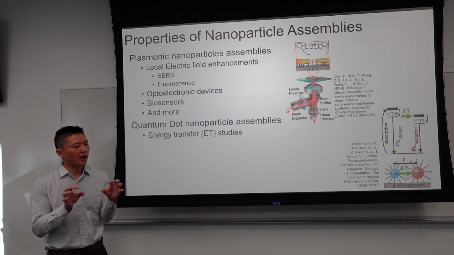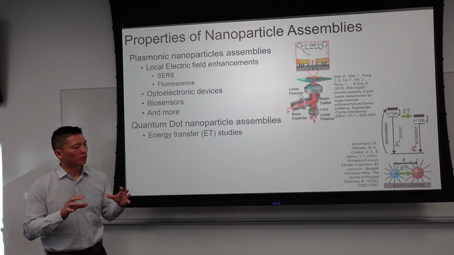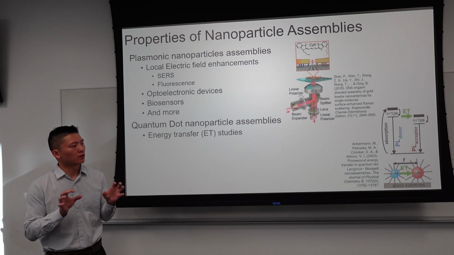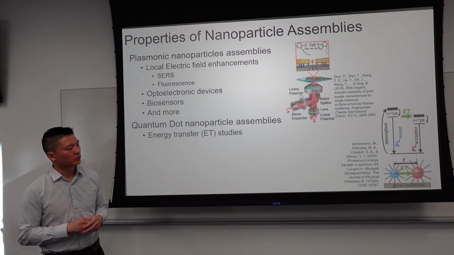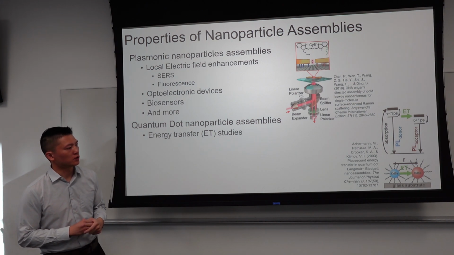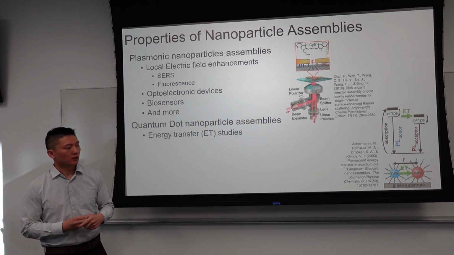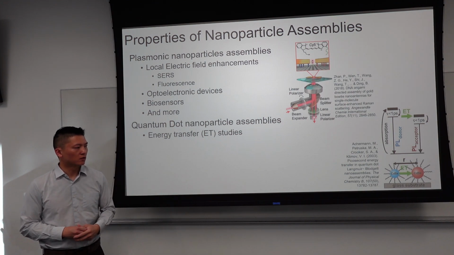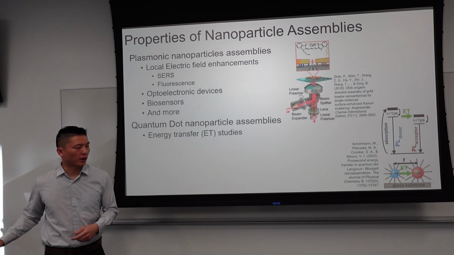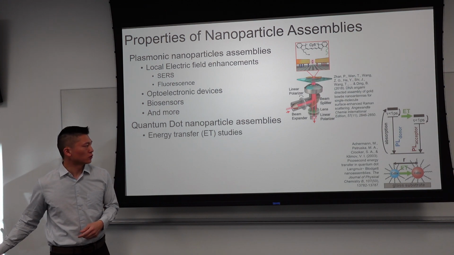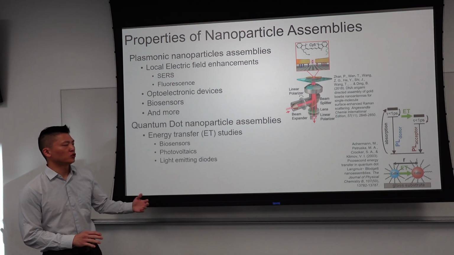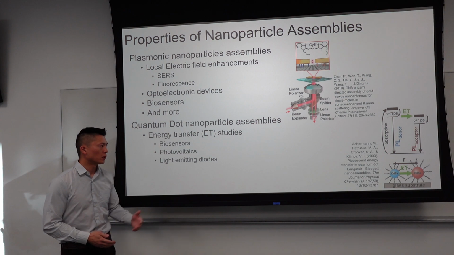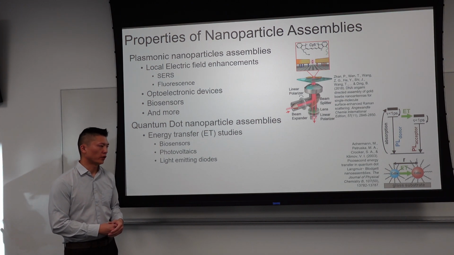If you put atoms together, they can form new properties if they're close enough. Energy transfer is something that we are interested in. It's very likely that FRET can occur here, and it's been shown to do so. If we talk about energy transfer, then FRET biosensors are very popular.